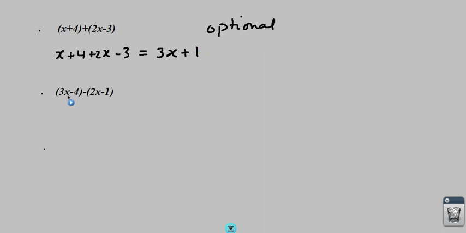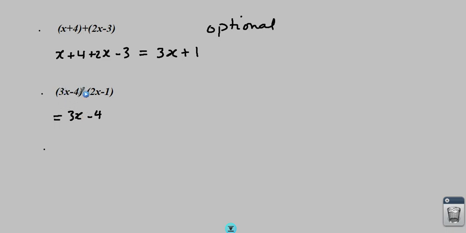However, in this case, the first brackets are optional. But because there's a minus, you're subtracting everything that's inside the bracket, so the second brackets are necessary. In this case, what you have is 3x minus 4.